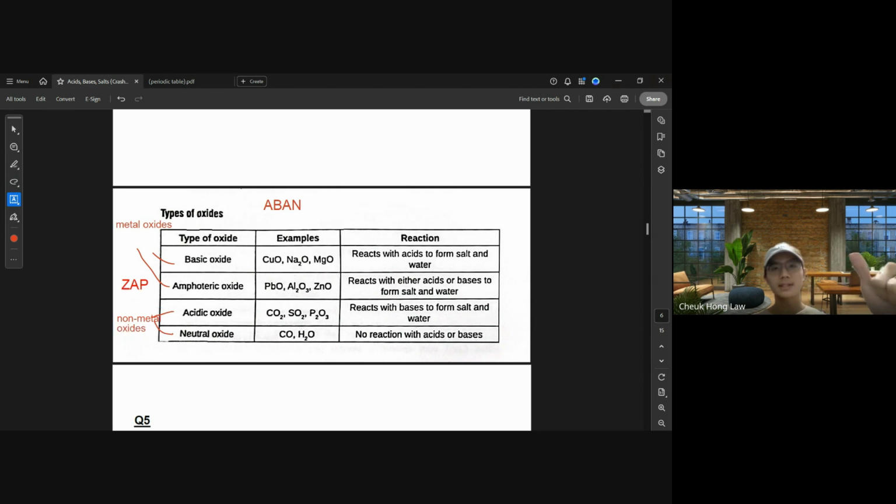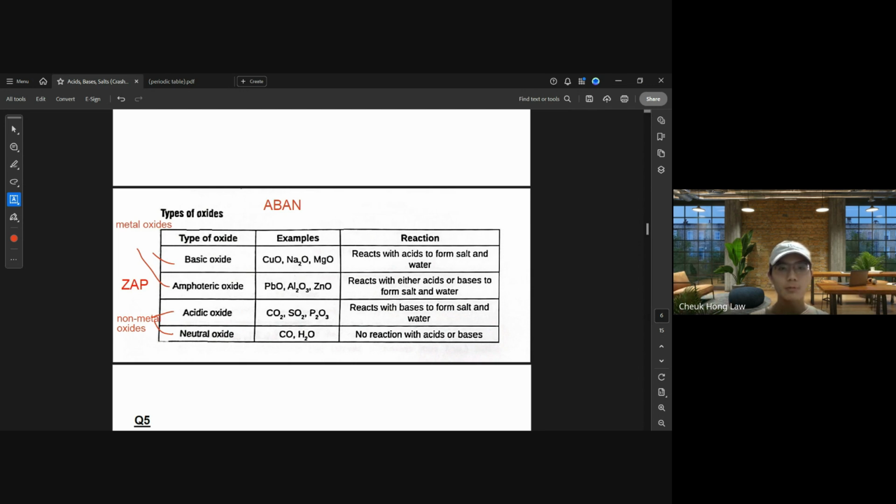Your basic oxide and amphoteric oxide, B and A, are your metal oxides. Then your acidic oxide and neutral oxide, A and N, are your non-metal oxides. Metal oxides are metal and oxygen combined, while non-metal oxides are non-metal and oxygen combined.